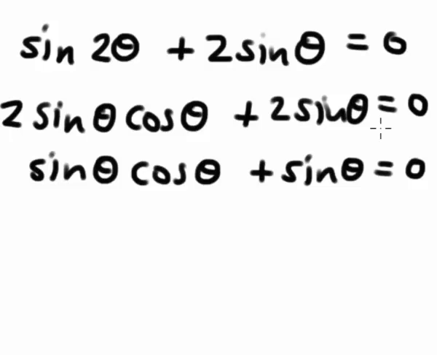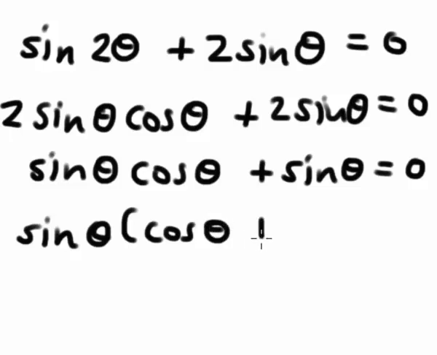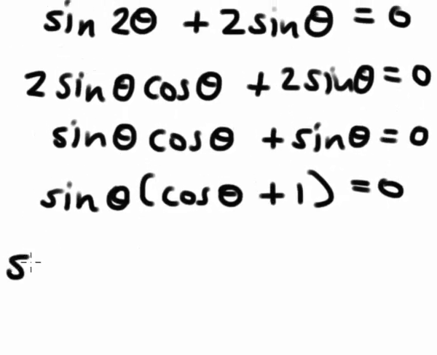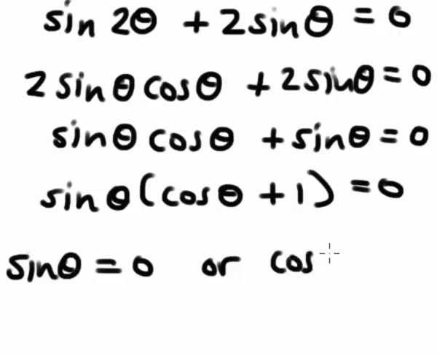Then I can take out a common factor of sin theta, and I'm left with cos theta plus 1. So I'm fundamentally breaking this up into two parts: sin theta is 0, or cos theta is -1. And of course you can then use your rules.